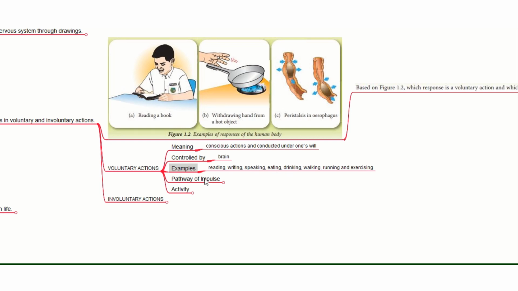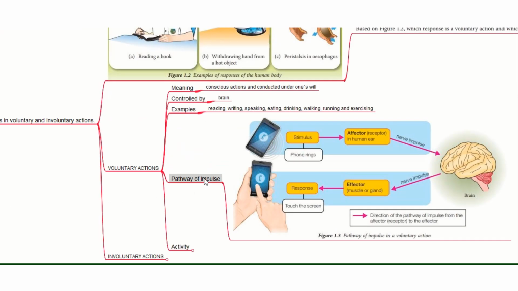Let's take a look at the pathway of impulse. This is the stimulus: the phone rings. Then the receptor, the human ear, detects it. A nerve impulse is sent to the brain, and then the brain sends a nerve impulse to the effector, that is muscle or gland, and then the response, touch the screen.